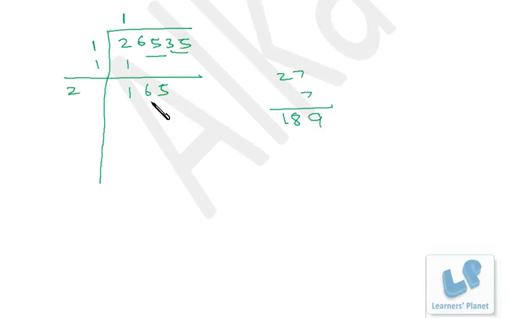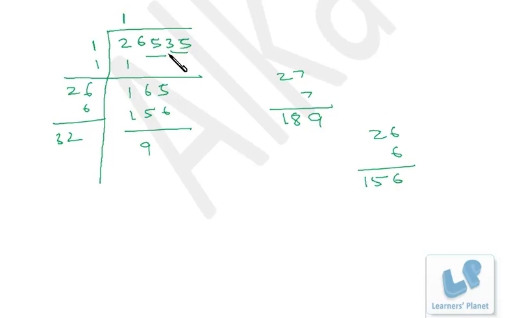So that will be beyond 165. So take 26 into 6. 6 6s are 36, 6 twos are 12, and 3, 15. Okay, so it's 26 into 6, and that is 156. So you are left with 9, and we will be taking 35.